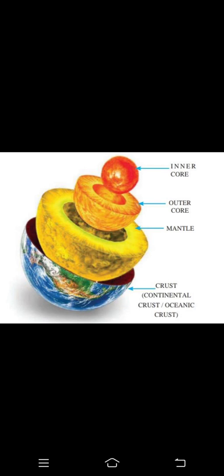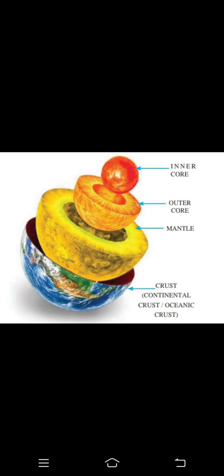As we go deeper under the surface, the temperature increases. The crust temperature and the mantle temperature are very different, and when we go more inside, the temperature again gets different. So we have a difference in thickness and also a difference in temperature.